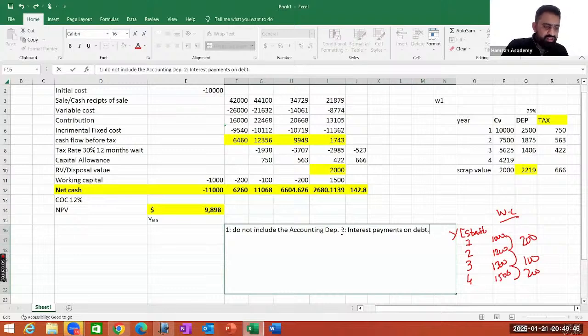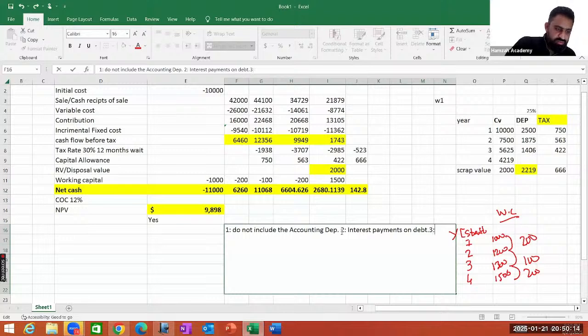Interest payments on debt should also not be included in the NPV formula, because interest payments are already adjusted in the cost of capital of 12%. So we do not include them in the NPV format. Interest payments should not be adjusted in the calculation of NPV.